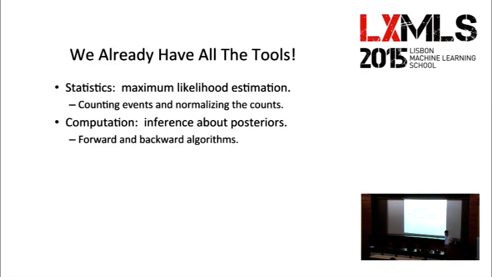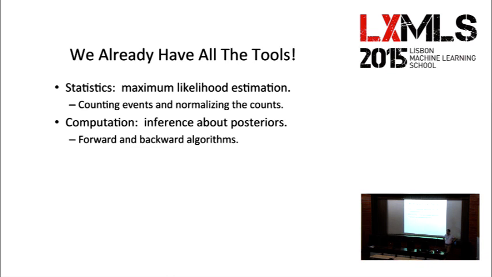So the two things we're going to use are the statistical tool of maximum likelihood estimation, counting things and normalizing the counts to get an estimate of the probabilities, just like we used in the supervised case. And we're going to use this tool from computation, which was the middle part of this lecture, where we talked about inference about the posterior probabilities of things we can't see.